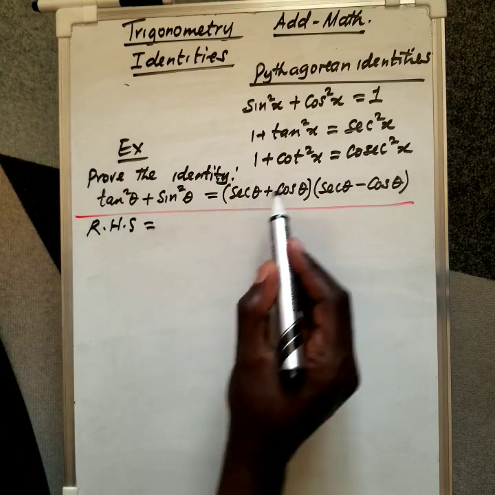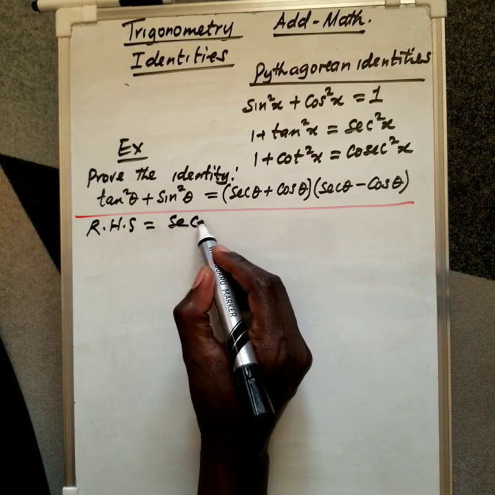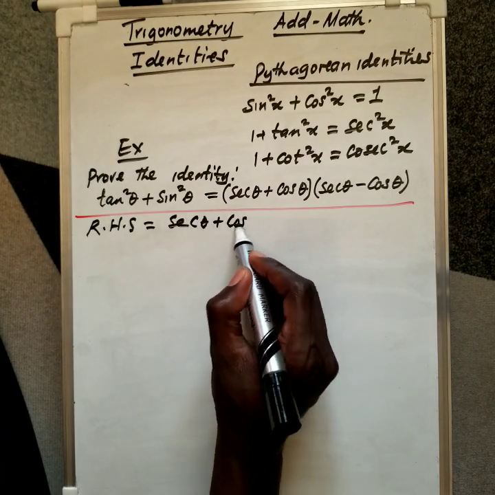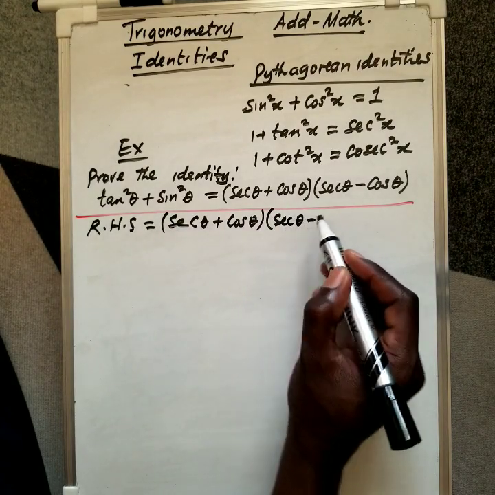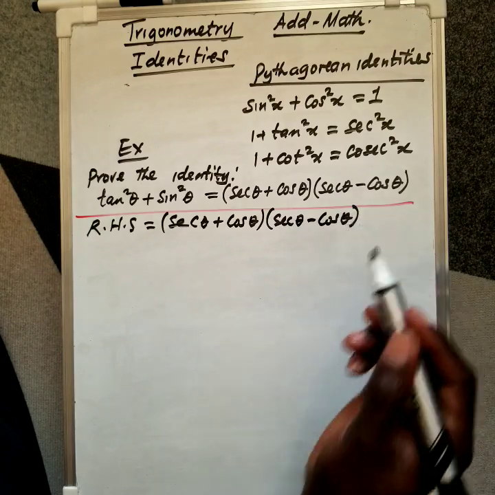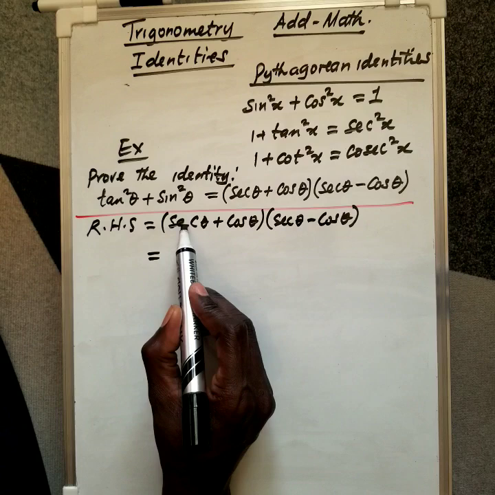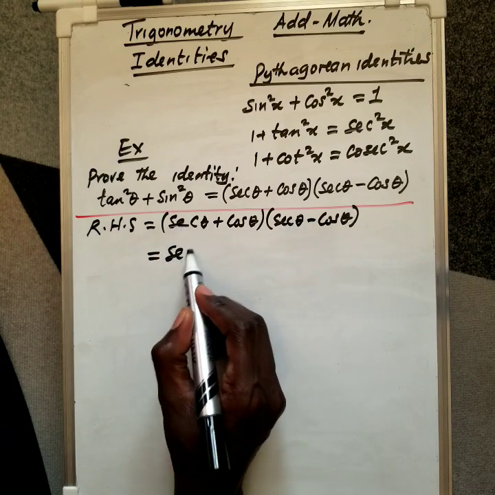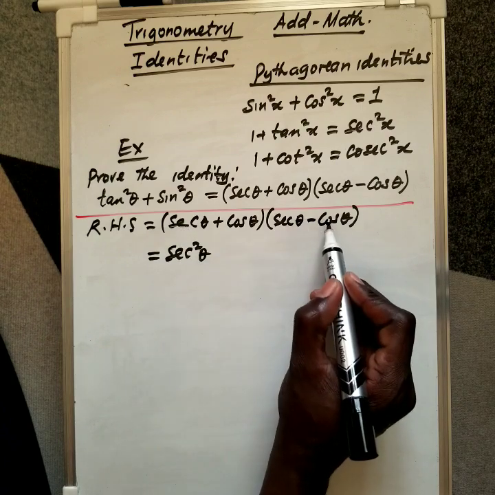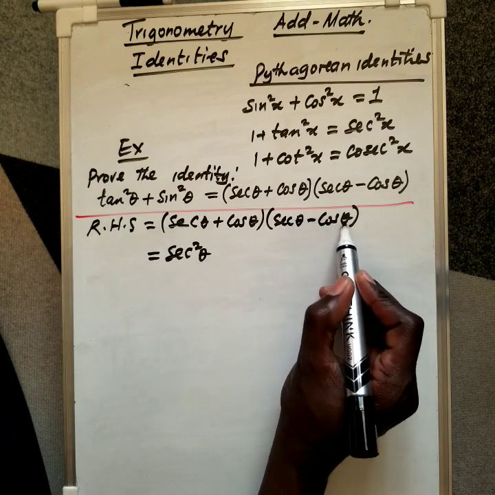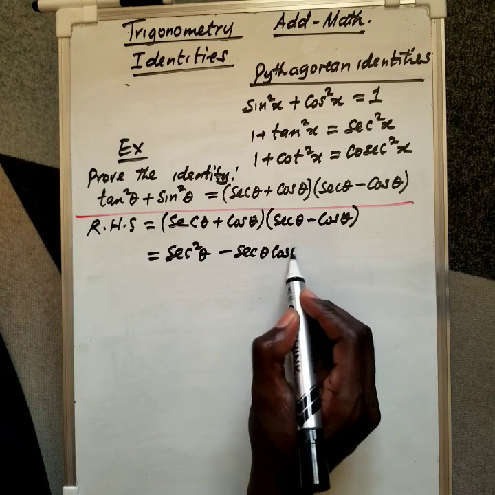According to the right hand side, I have sec theta plus cos theta, and again sec theta minus cos theta. That's what we have, so we can expand this. Sec theta times sec theta gives me sec squared theta. Then sec theta times negative cos theta gives me negative sec theta cos theta.